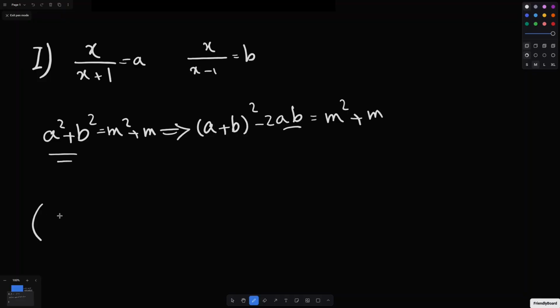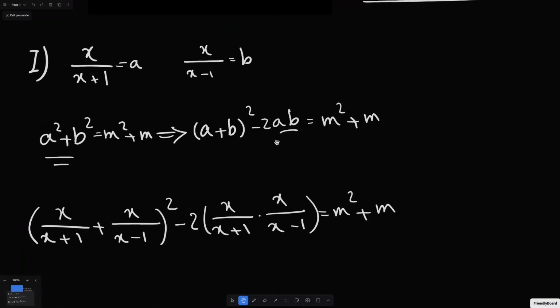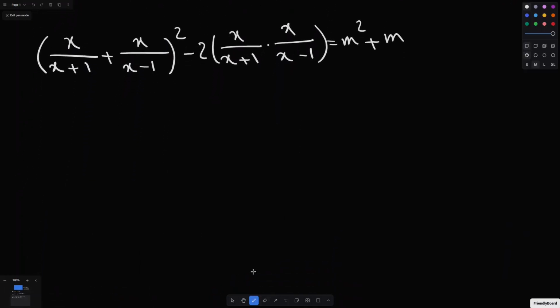So I will have (x/(x+1) + x/(x-1))^2 - 2 multiplied by x/(x+1) multiplied by x/(x-1) = m^2 + m. Okay, so this is what I have. Now let's just add them together and see what we get.